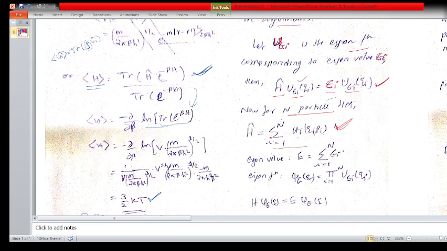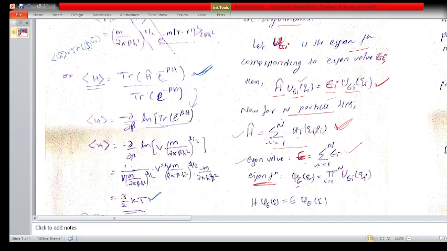Then the energy for N particles is the summation of all the particles' energies, so the sum over i from 1 to N of E_i equals the total energy E. For the eigenfunction, you have to take the product of the eigenfunctions of the individual particles to get the total wave function.